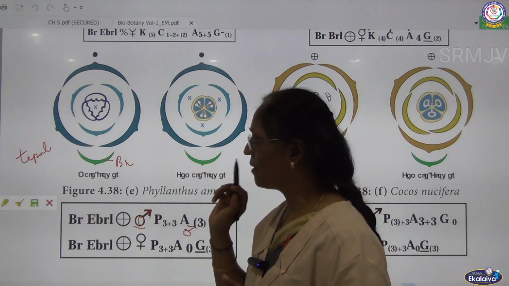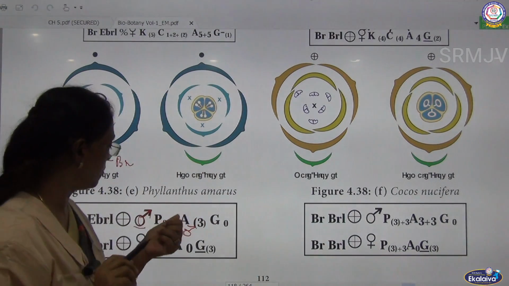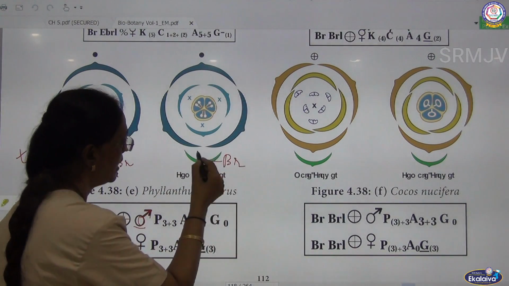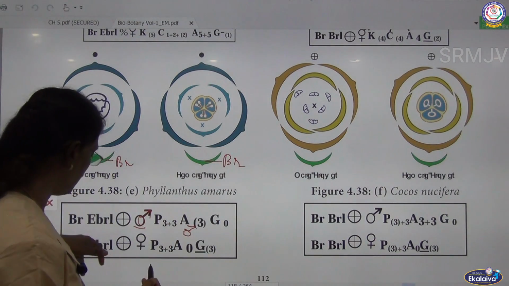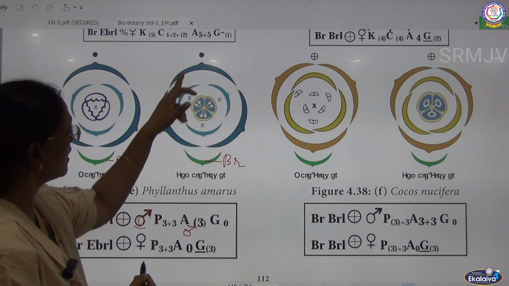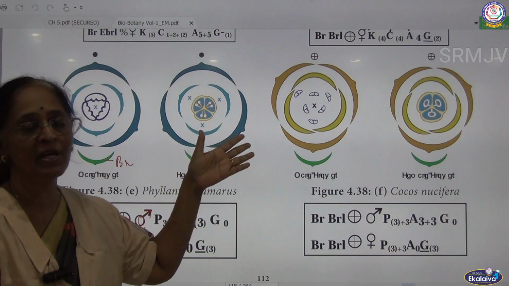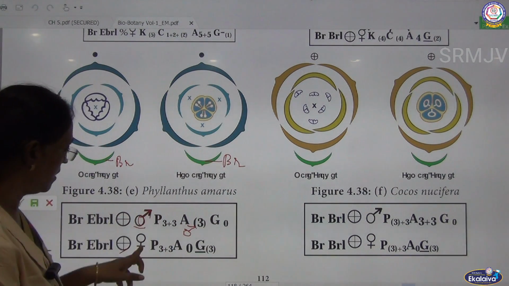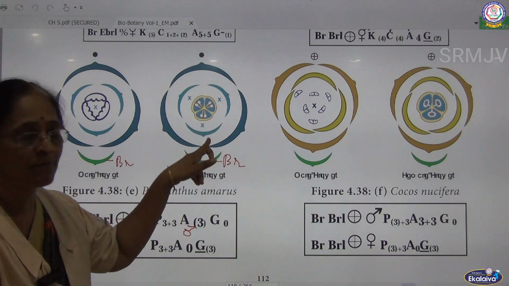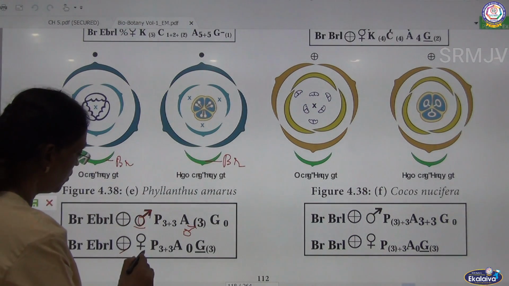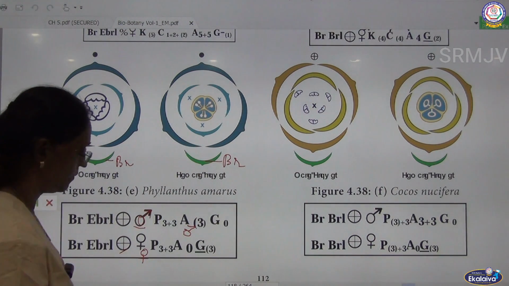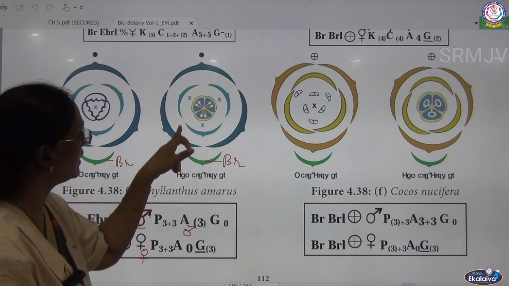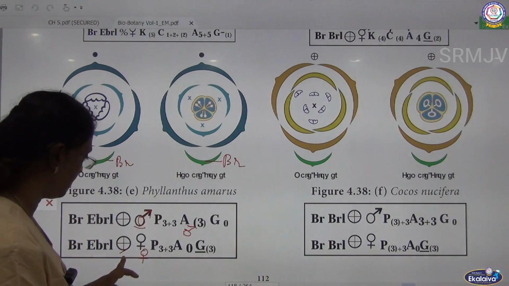Now this is a female flower, and this female flower you can represent here again. This is the bract, and there are no bracteoles, so it is ebracteolate, EBRL. And again you can cut this flower into equal halves in more than 2 planes. You call it actinomorphic, and it is the pistillate flower. So you are going to represent it with this. Then the perianth, 3 of the outer whorl and 3 of the inner whorl, so 3 plus 3.